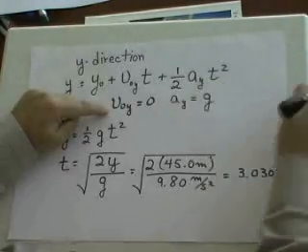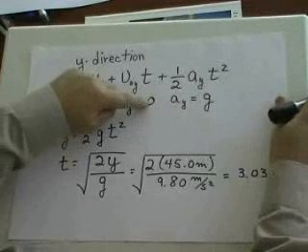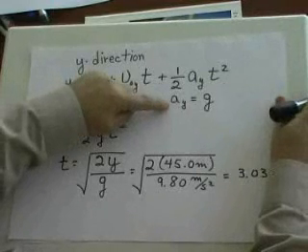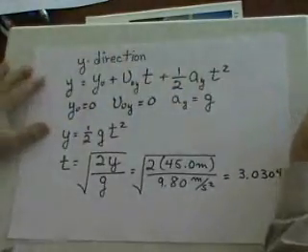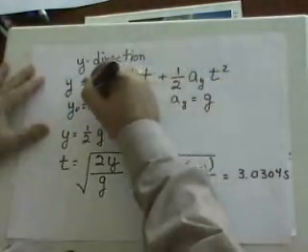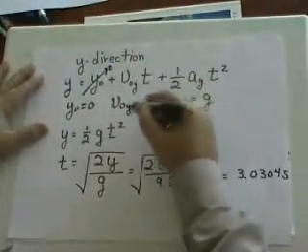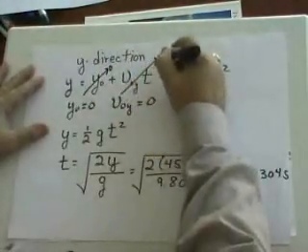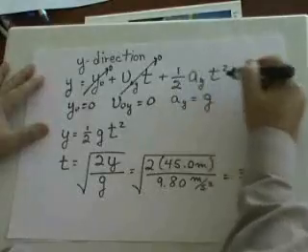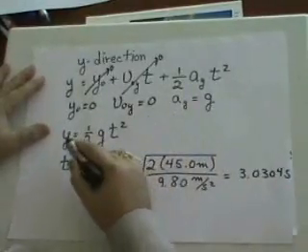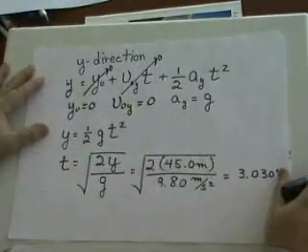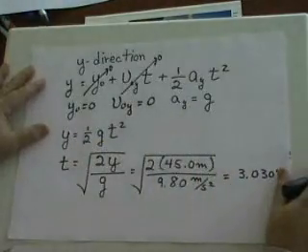So v0y is 0. And a y, the acceleration in the y direction, is due to gravity, or g. So if we plug that into this equation, this goes to 0, v0y t goes to 0, leaving us only this part of the equation. Substituting g in there, we get y equals 1/2 g t squared.